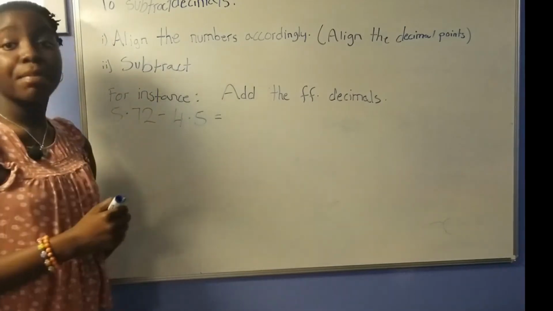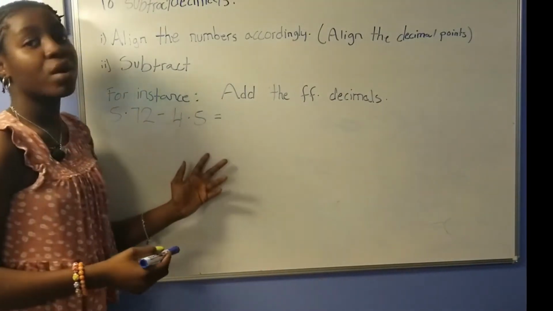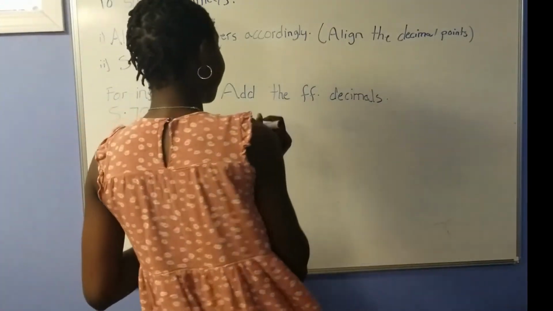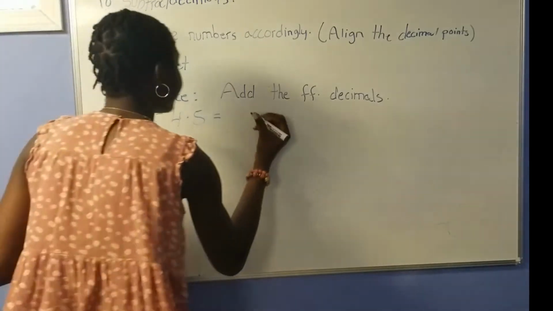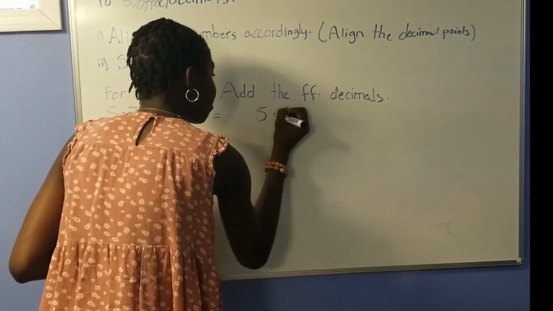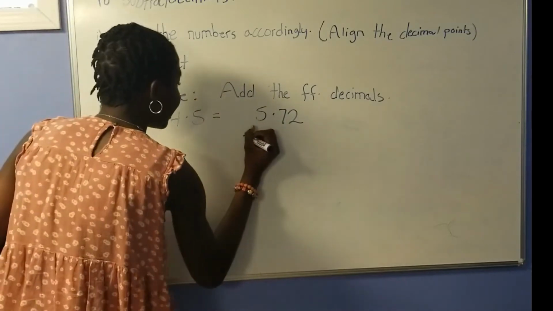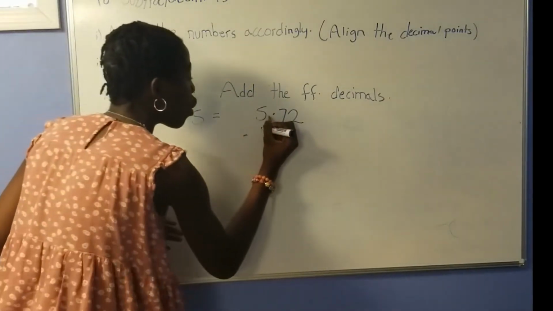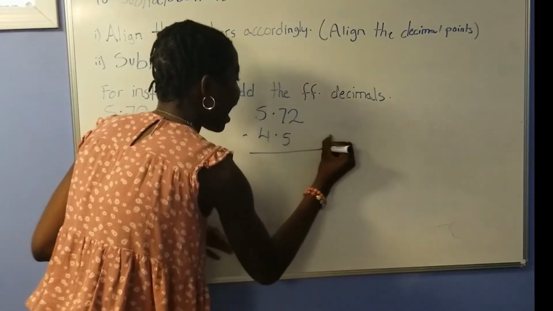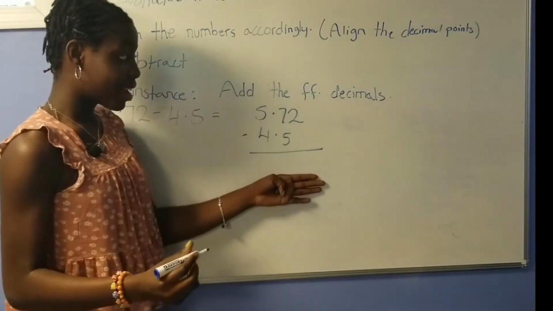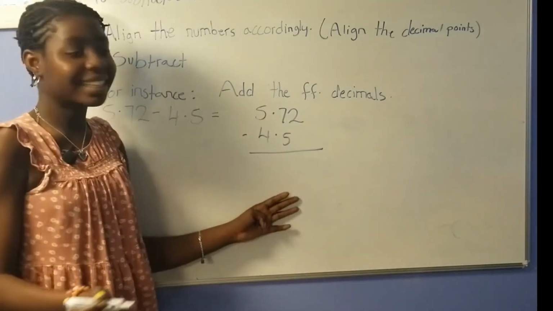Our first example is 5.72 minus 4.5. As you remember, our first step was to align the decimal points accordingly. We have 5.72 minus 4.5. And this time we did it well because our decimal points are in a straight line.